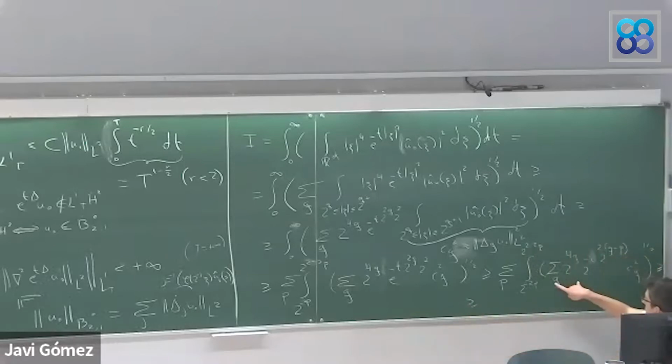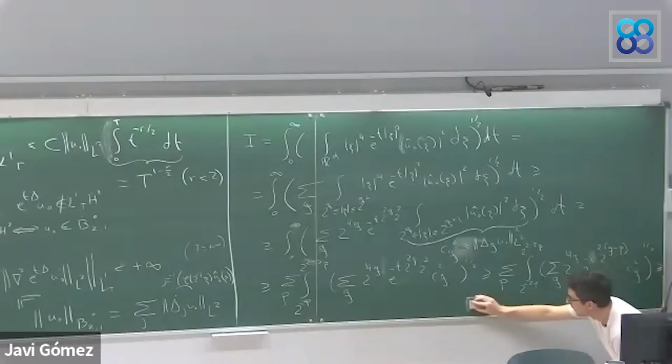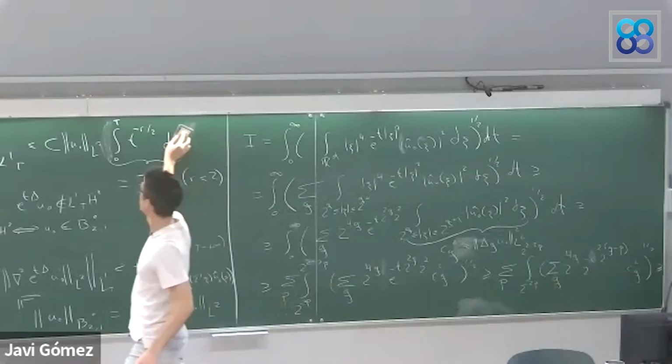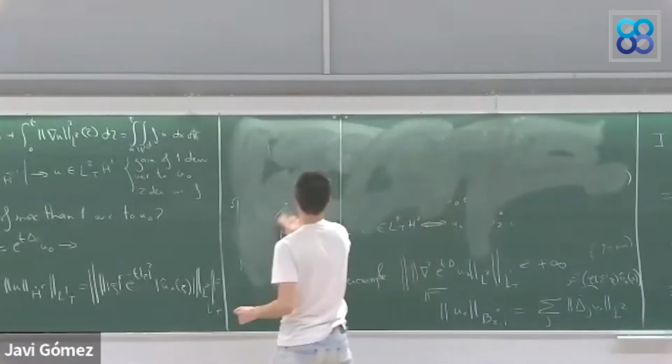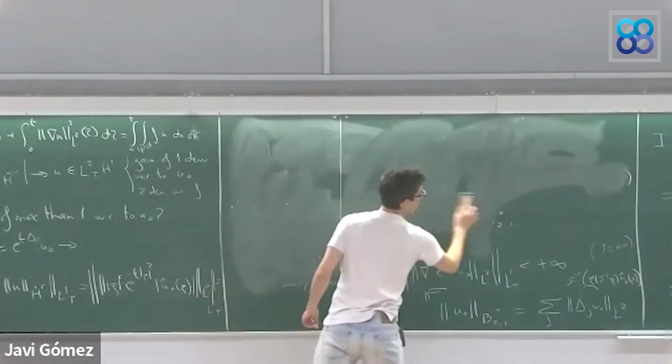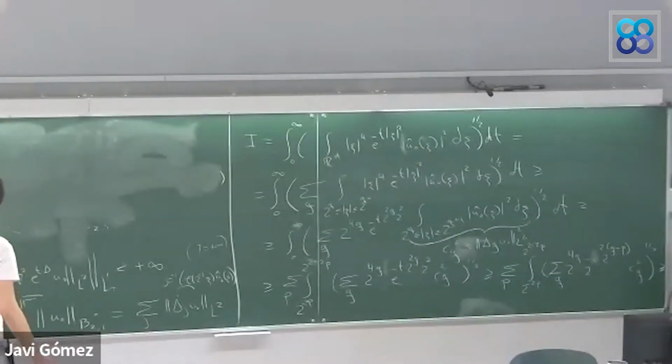And now in the inner sum, we just keep one of the terms, the one with Q equal to P. In particular, this is our bound. This part disappears, so we get the sum in P of the integral.